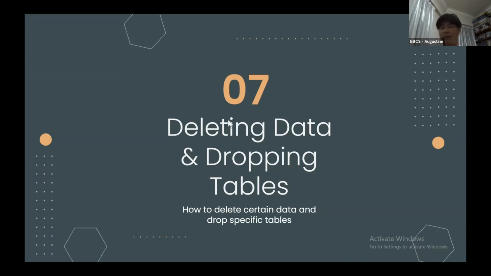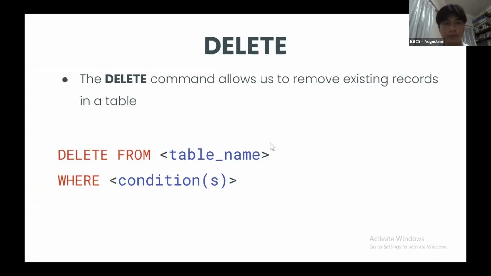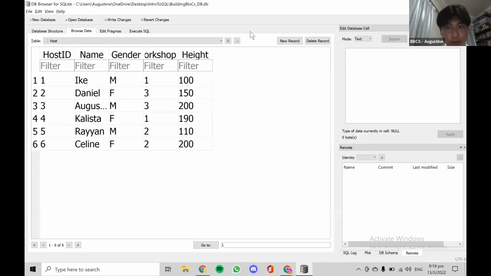Now on to the last function, which will be deleting data and dropping tables. So the delete command allows us to remove existing records in a table. So similar to the previous two functions, we have to memorize this line of code because there's this delete record button over here.